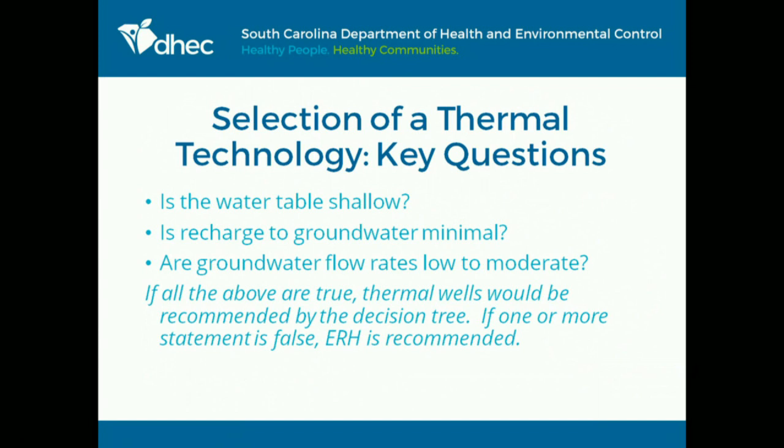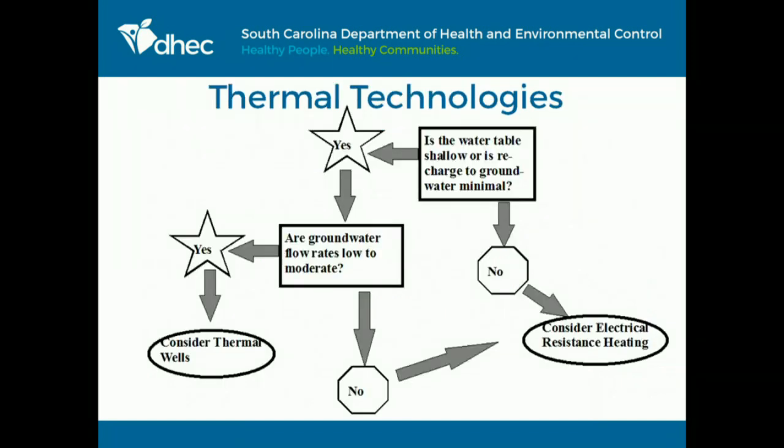And you're going to find this on page 14. So, as I said, in the upper right-hand corner, is the water table shallow and is recharge to groundwater minimal? Yes. Are groundwater flow rates low to moderate? Yes. Then it's going to lead you to thermal wells in the bottom left-hand corner.